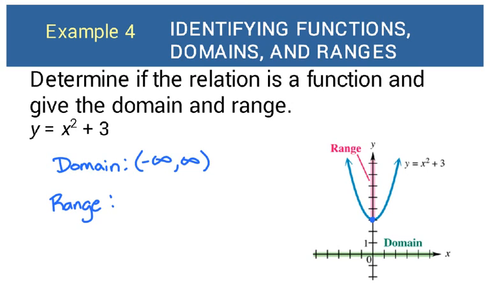It begins right here at this vertex, which is (2, 3). It's going to be included, so put a bracket. [3, infinity), because the rest of it goes upwards, positive values. So there we go. And I've already said all quadratics are functions.